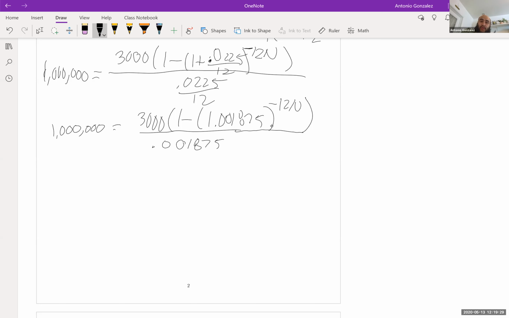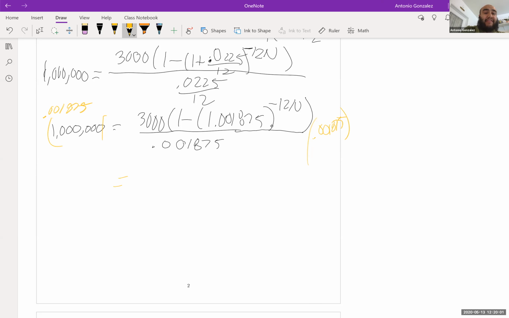So I'm going to go ahead and multiply both sides by the denominator. And I multiply here by 0.001875. All right, so I'm going to multiply both sides of the equation by the denominator there.